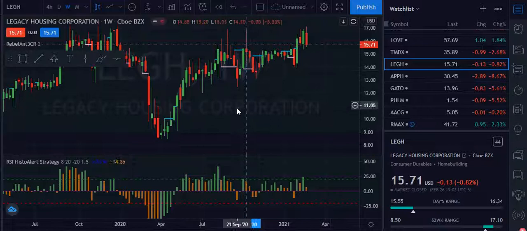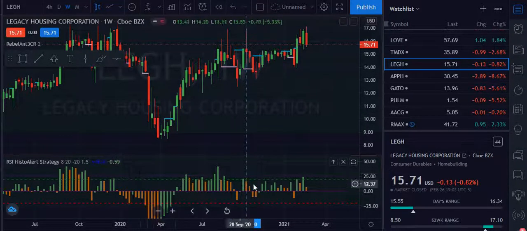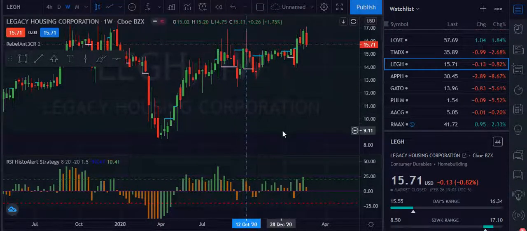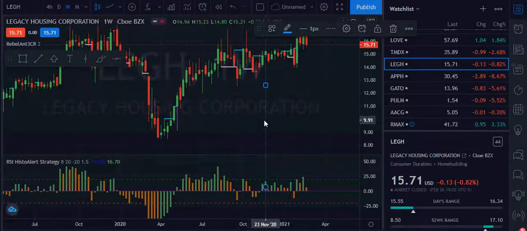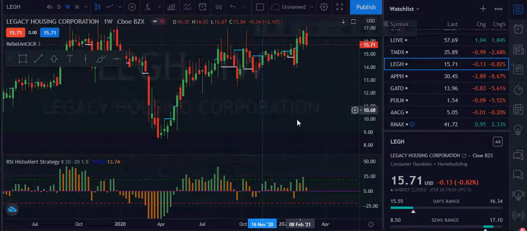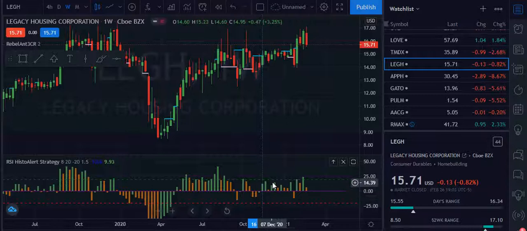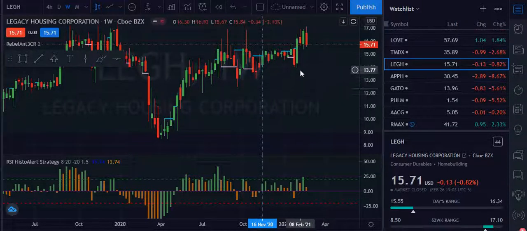So for the RSI histo to be aligned on the high time frames, really and truthfully, all I need to see is that it is green on the monthly, say for example. Because obviously, if we've got a 3 candle reversal with a pullback or a bust, pullback, break and close, that on a monthly chart could take 3 or 4 months to perform the correct move, as it were.